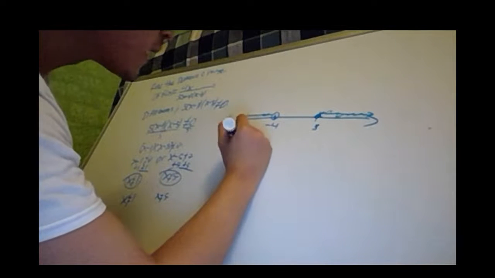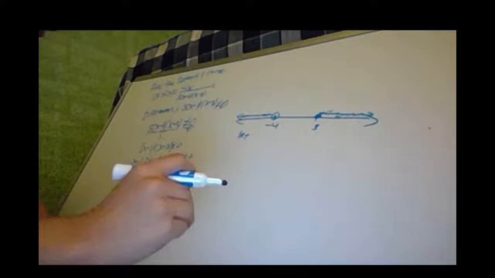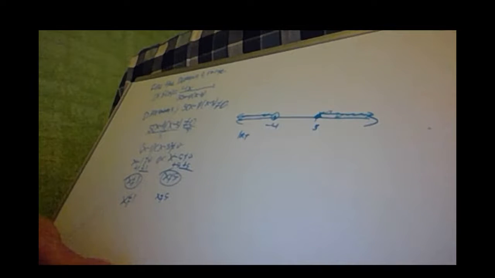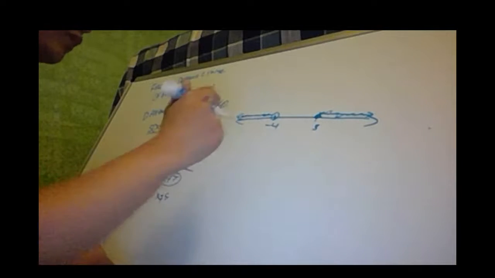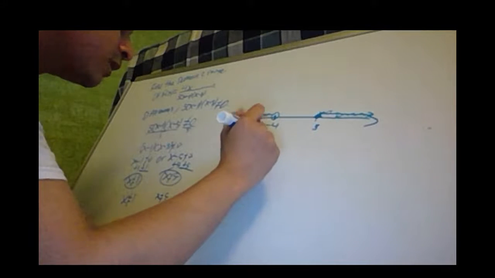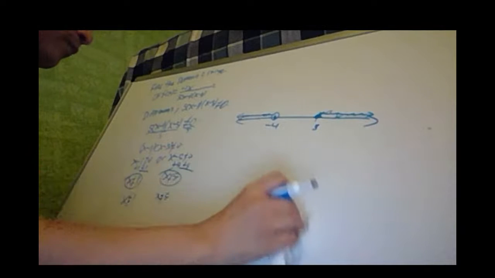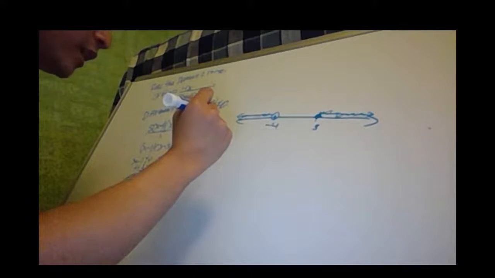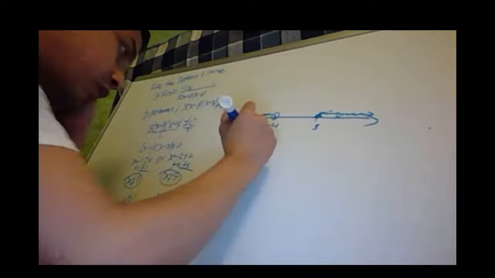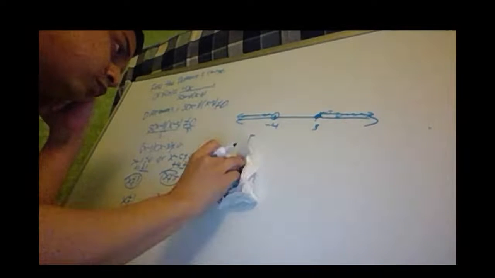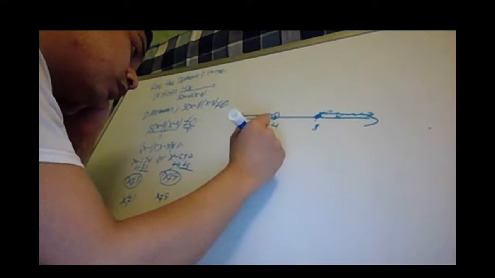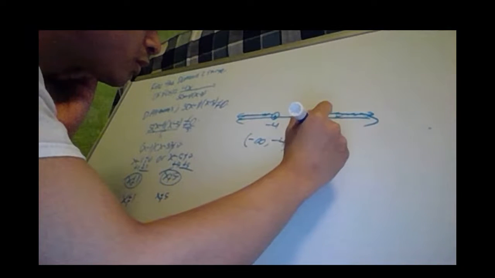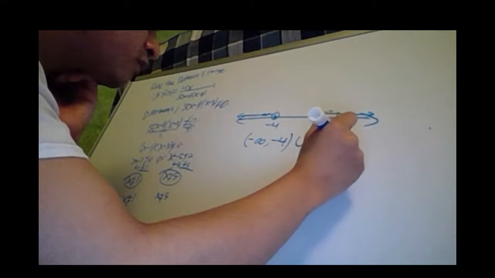In interval notation, it would be negative infinity to negative 4 with a parenthesis because you're not including negative 4, union, bracket 3 to infinity.